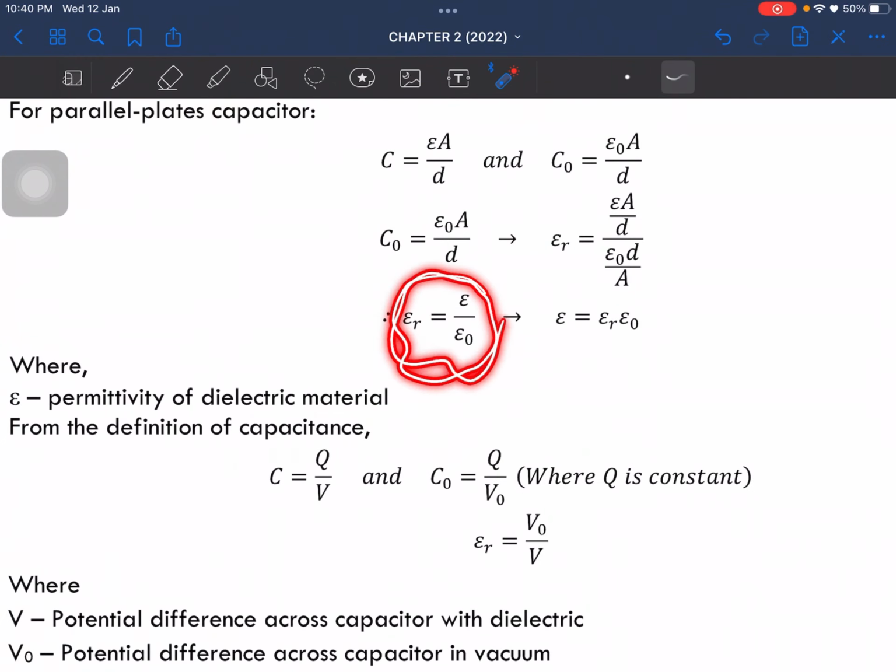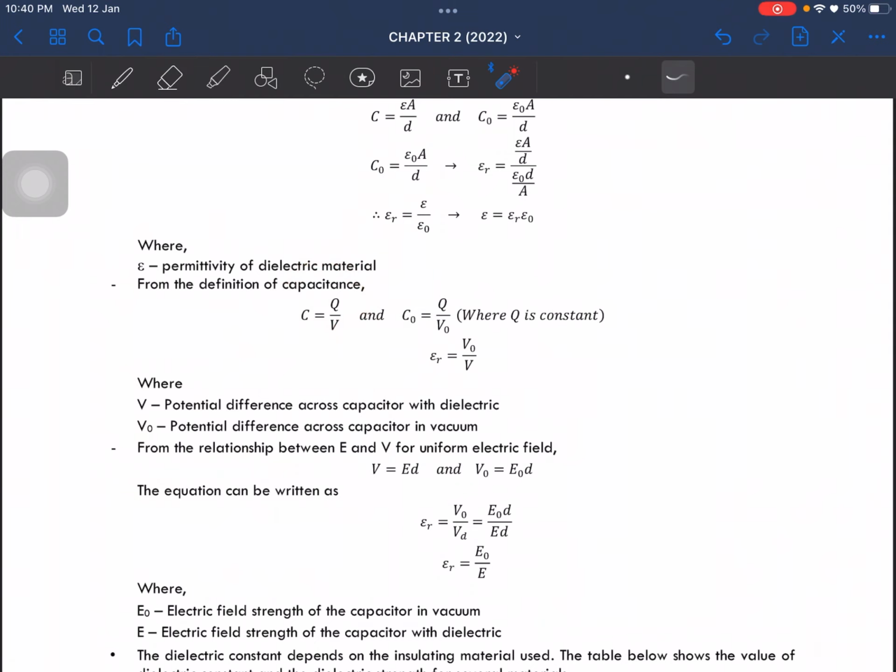From the definition of capacitance, we can also obtain that the dielectric constant is the ratio of the initial voltage, the potential difference across the capacitor in vacuum, over that with the dielectric.